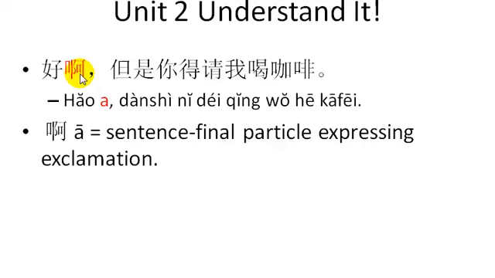Okay, Wang Peng says 好啊, and we see this here. 好啊. Okay, so 啊 is another kind of sentence final, and it just expresses some exclamation. So if you remember the video, when Wang Peng said 好啊, he says it, not really like he's excited, but like, yeah, that's a good idea. 好啊. The 啊 is expressing his positiveness towards the idea.